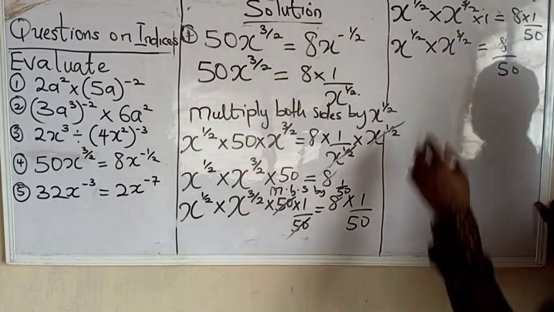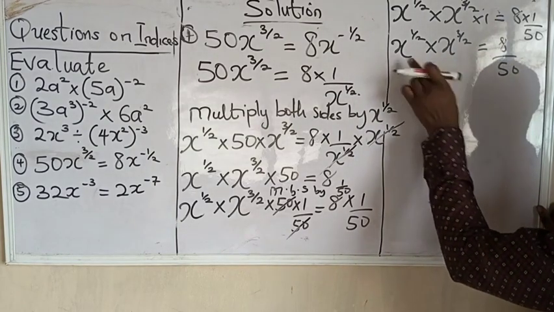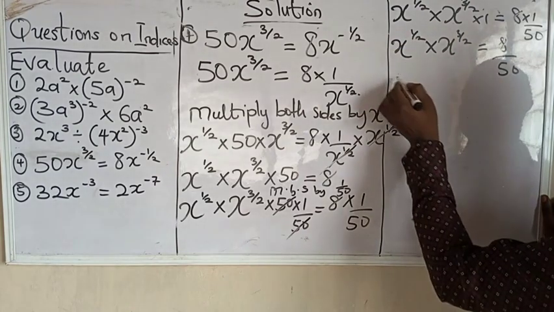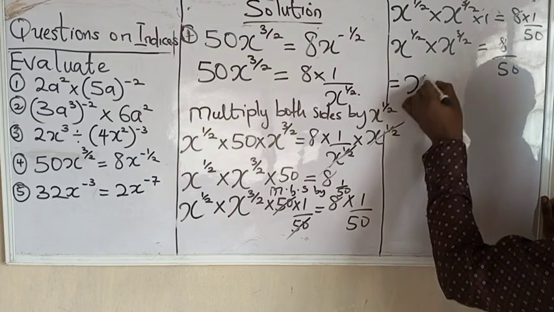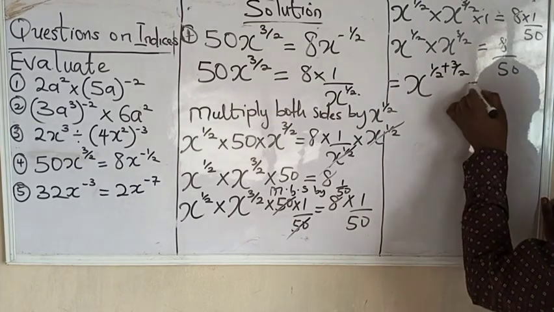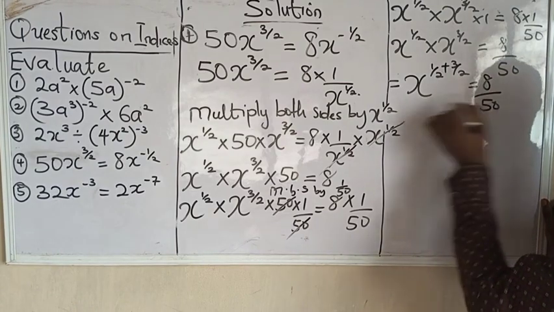So the next thing we are going to do is just apply the law of indices and then round up with our answer. I can see that x raised to power 1 over 2 times x raised to power 3 over 2 automatically means, in our law of indices, x raised to power 1 over 2 plus 3 over 2 equals 8 over 50.